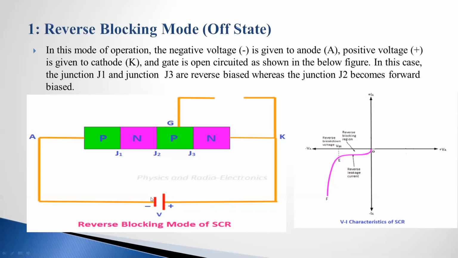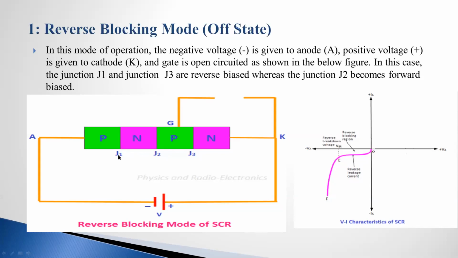When the negative terminal of the supply is connected to the anode and the positive terminal to the cathode, junctions J1 and J3 come into the reverse bias condition and junction J2 comes into the forward bias condition.